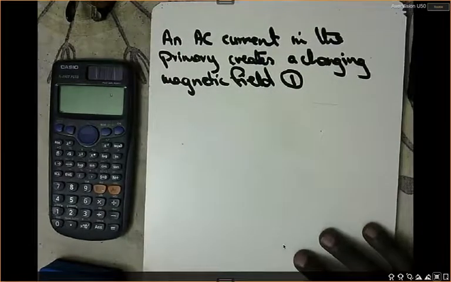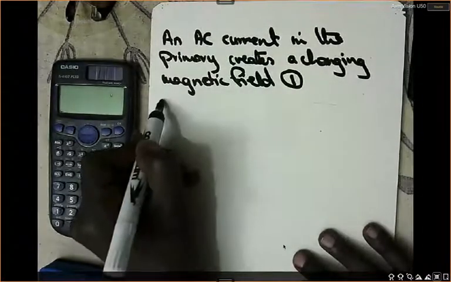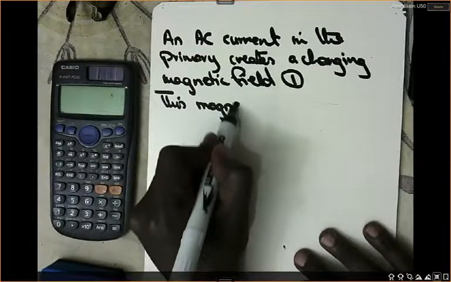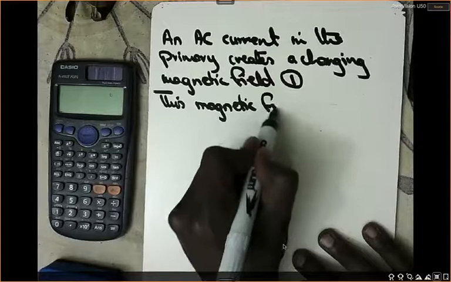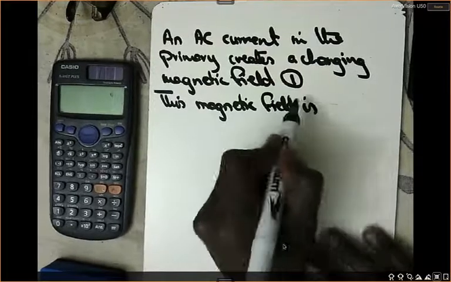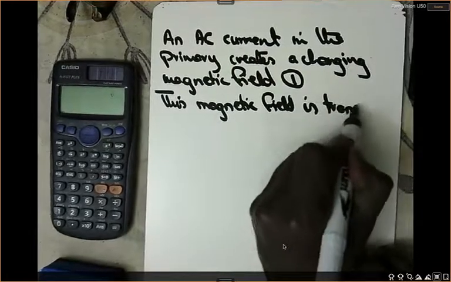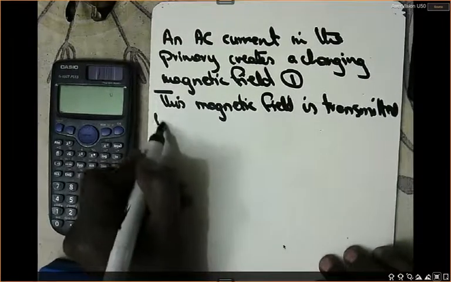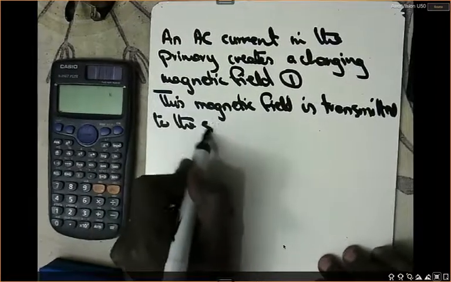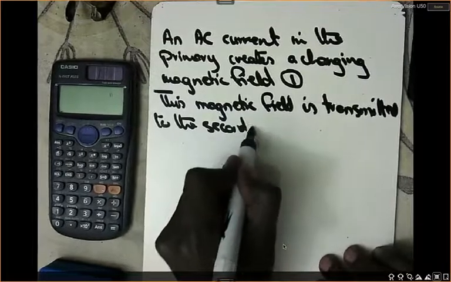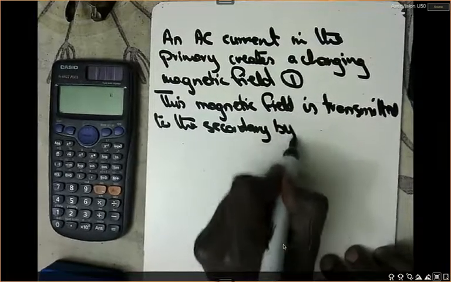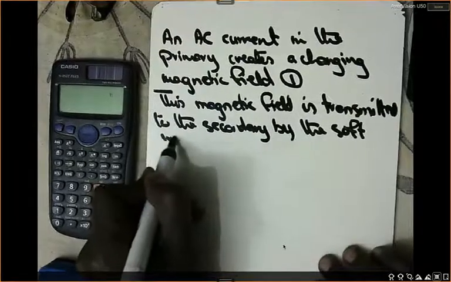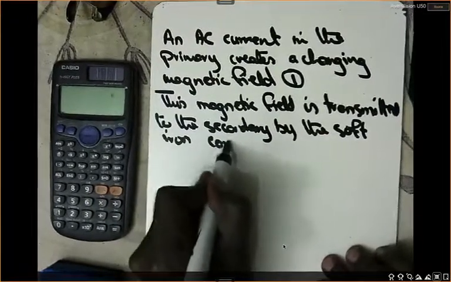That's 1 mark. This magnetic field is transmitted to the secondary coil by the soft iron core.